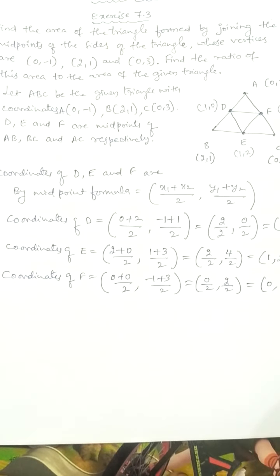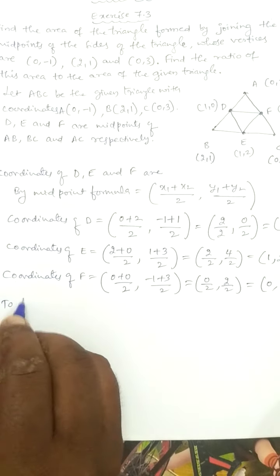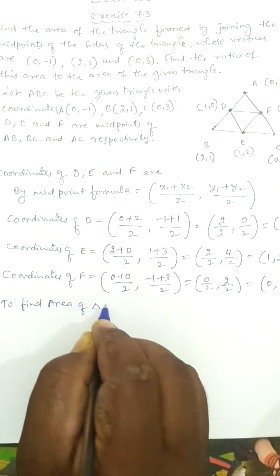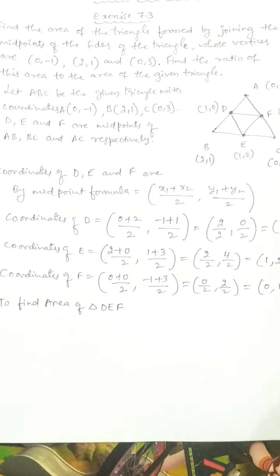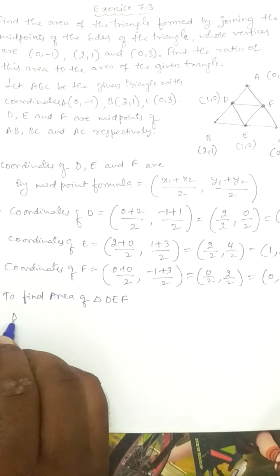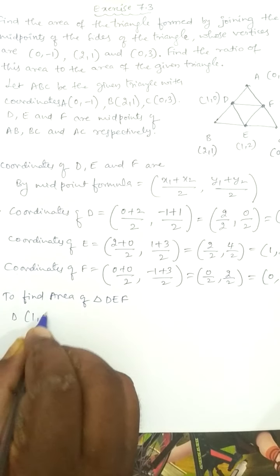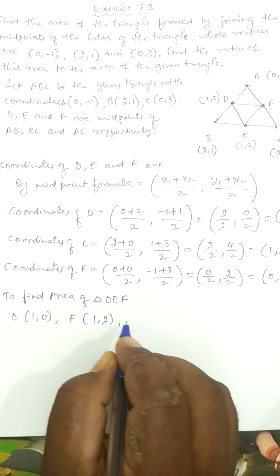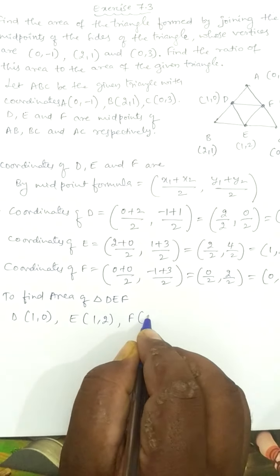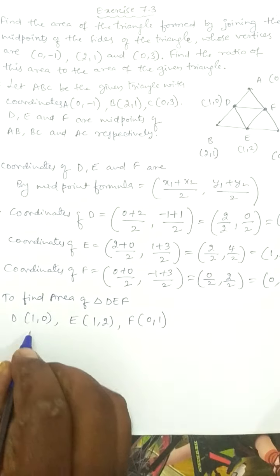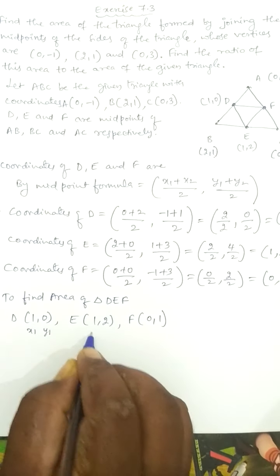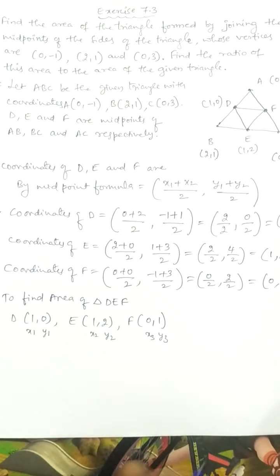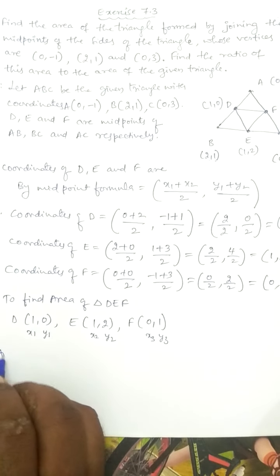So now to find area of triangle DEF, here coordinate of D, that is 1, 0, coordinate of E, that is 1, 2, coordinate of F, that is 0, 1. So this one you have to take as x1 y1, x2 y2 and x3 y3. So now area of triangle.